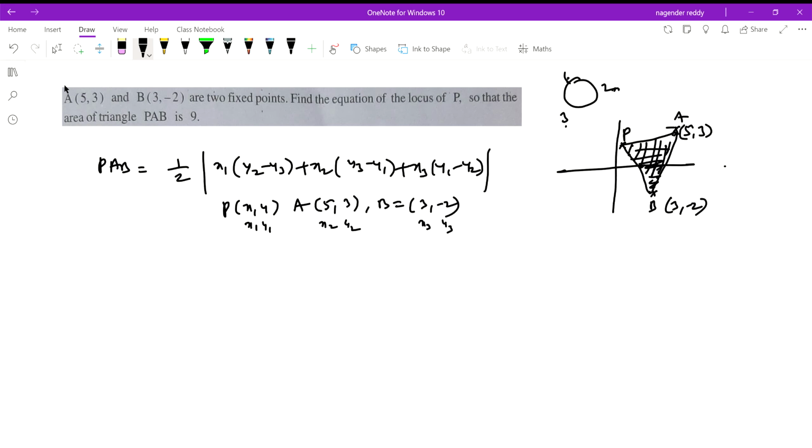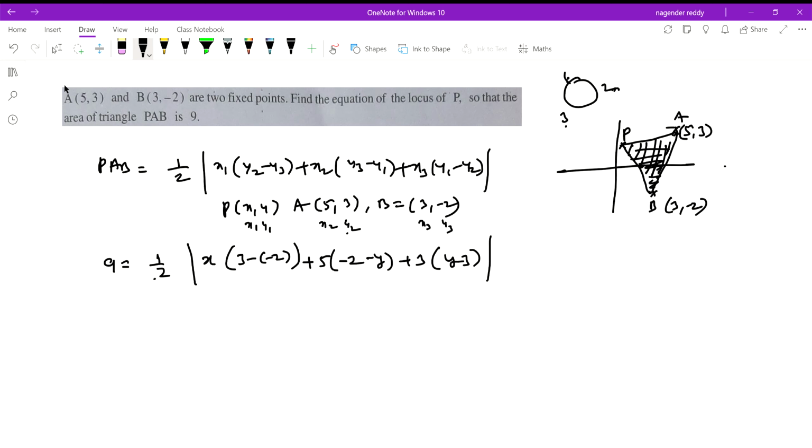So the area of triangle PAB is given as 9, and 1 by 2 times: x1 means x into y2 minus y3, that is 3 minus of minus 2, plus x2 means 5 into y3 minus y1, minus 2 minus y, plus x3, that means the x3 value is 3, into y1 minus y2, y minus 3.